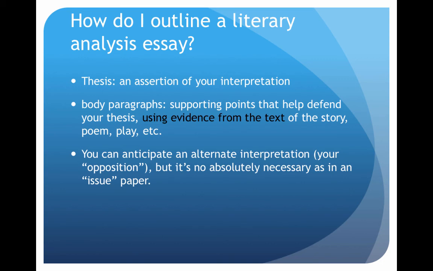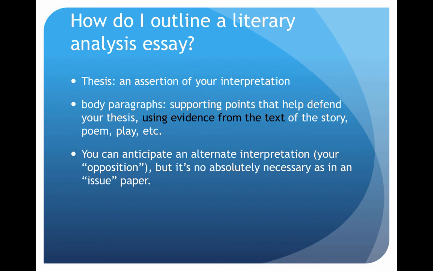Here's the thing, though. In literature, you're generally using evidence from the text of the story or the poem. You're not going to statistics or expert evidence or expert commentary. You're really using the text itself, the author's choice of dialogue or metaphor or what the characters do or say or don't do, to help you make your case for your interpretation.